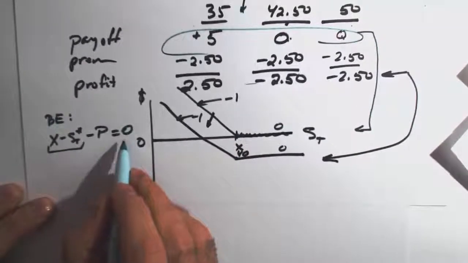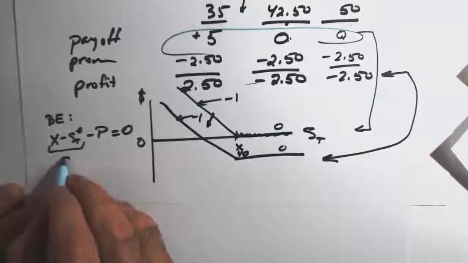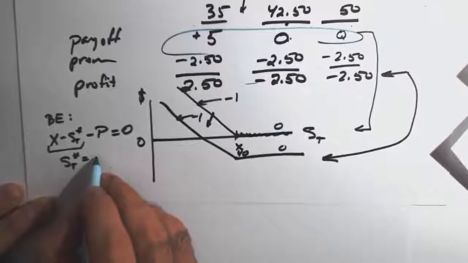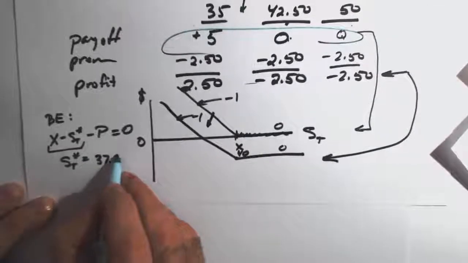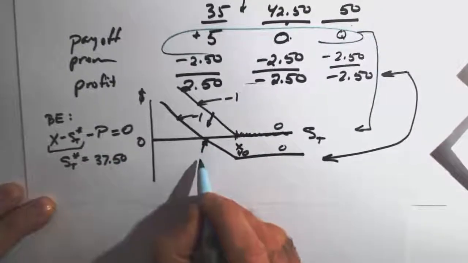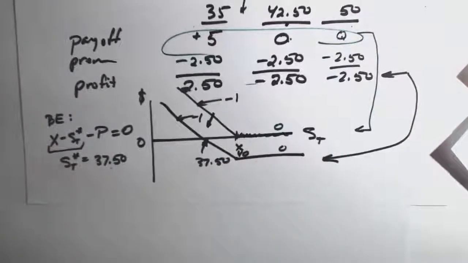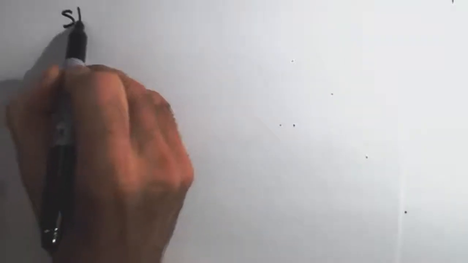That has to equal 0 for a break-even. That translates into ST star, the break-even stock price, of 37.50. So right here is the 37.50 break-even point. Okay, let's do a short put.